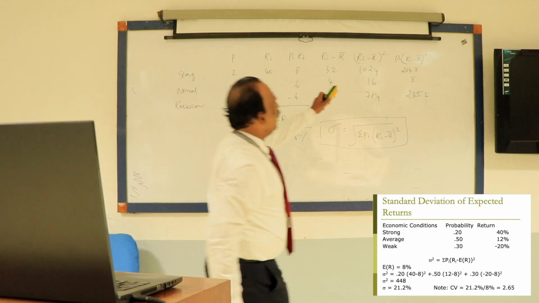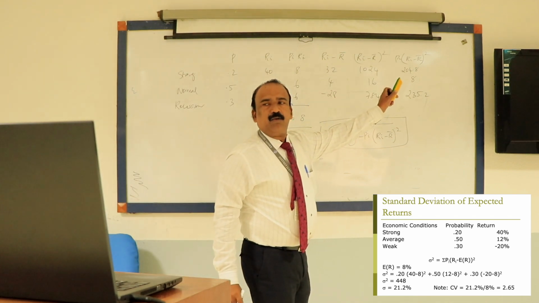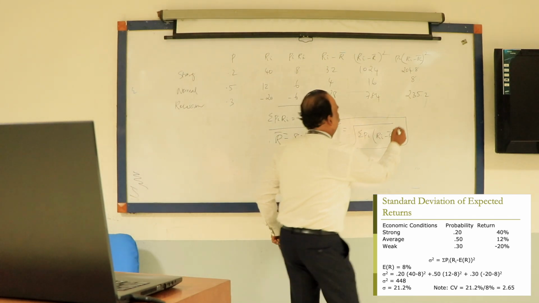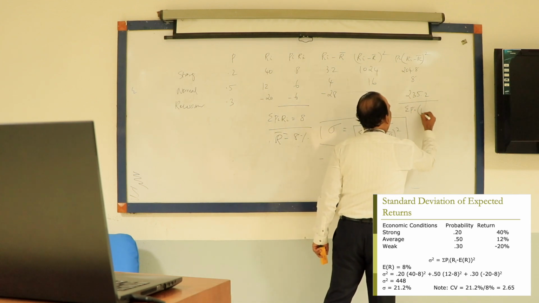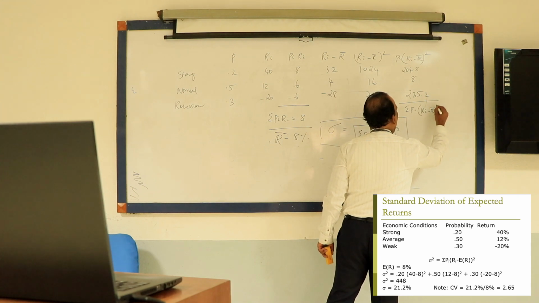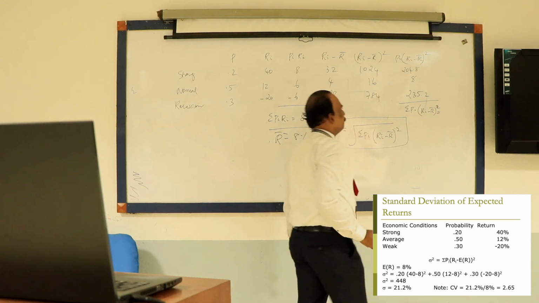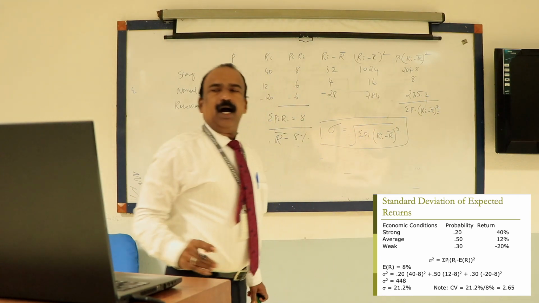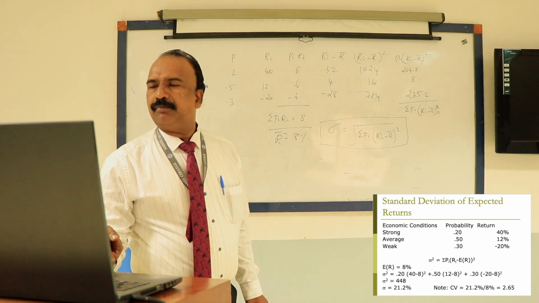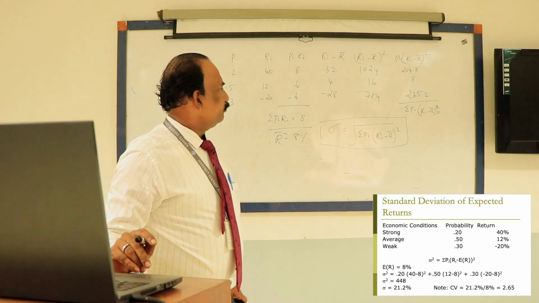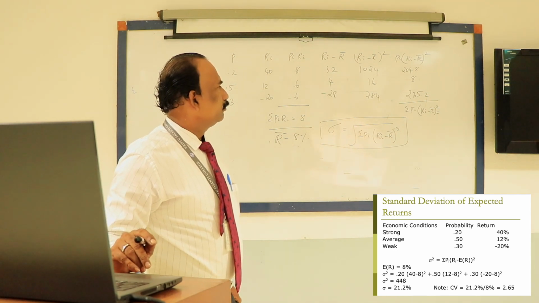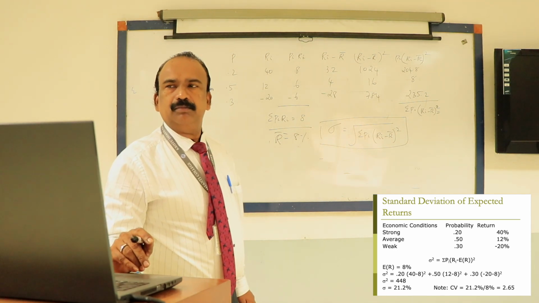Get the total, sigma pi Ri minus R bar whole square.